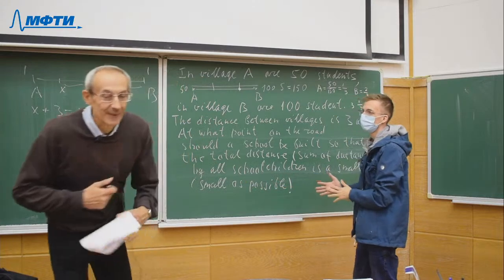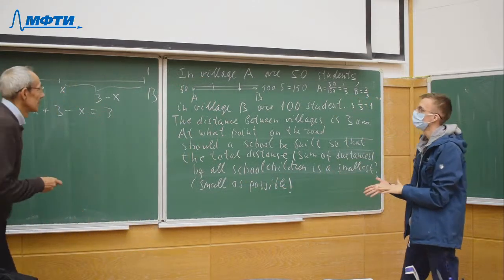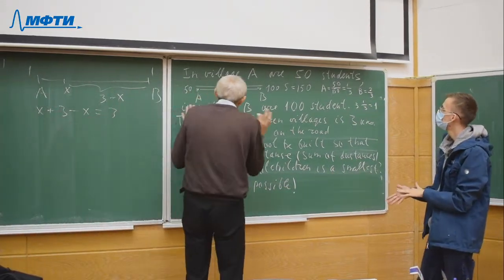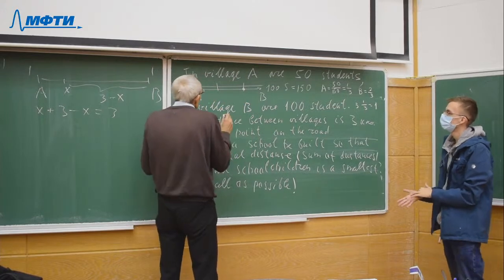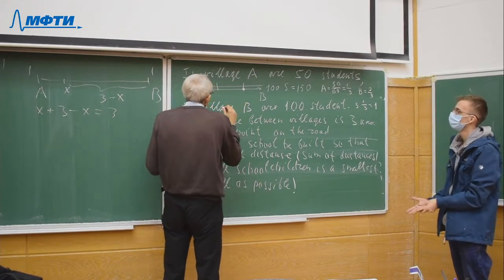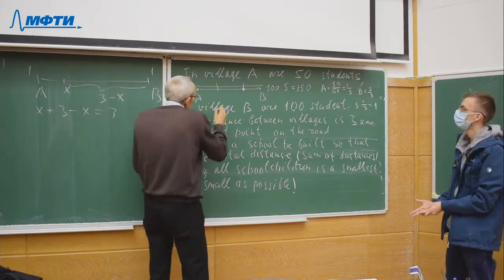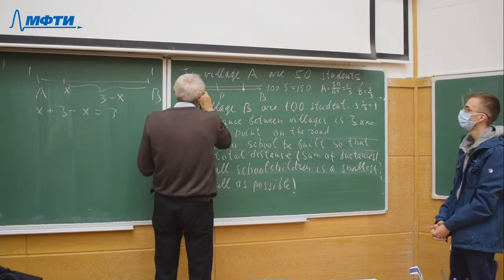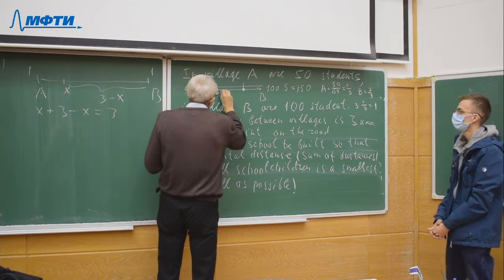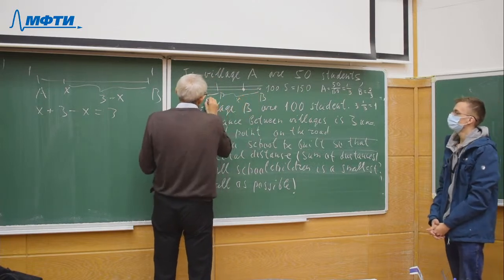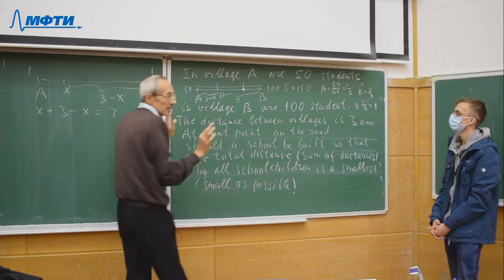Let's check this solution. Anyway, let's suggest the place for the school at any point P, with this distance x, and this distance 3 minus x.